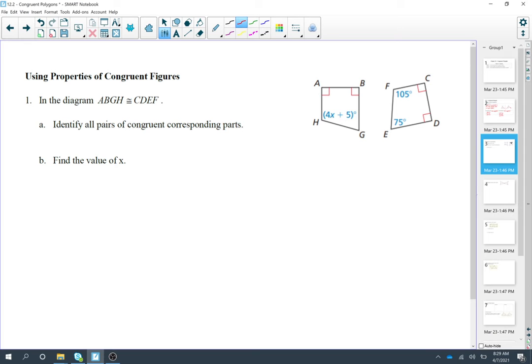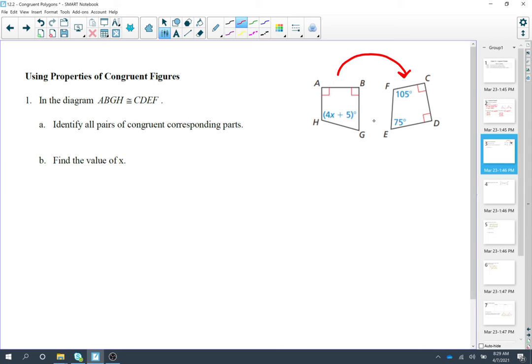If you look really closely, we've got a 90, we've got a 90. It looks to me like this figure was just turned into this one. So angle A could be mapped onto angle C. Angle B could be mapped onto angle D, which is then going to tell us something very specific about F and E and H and G.